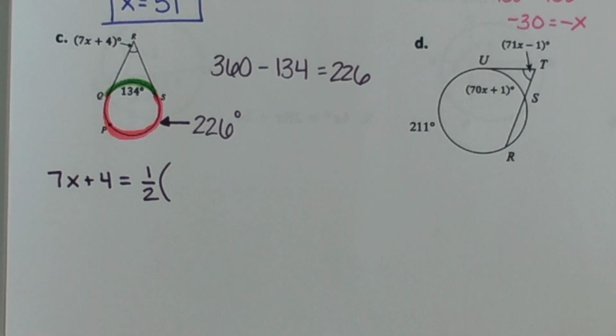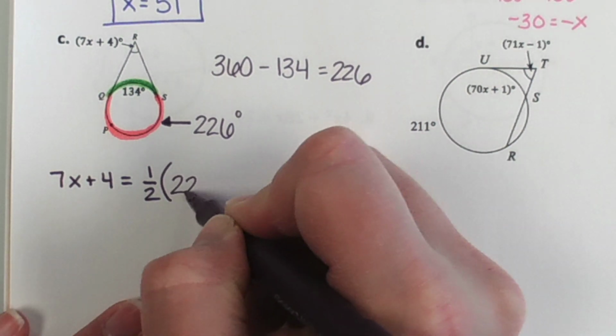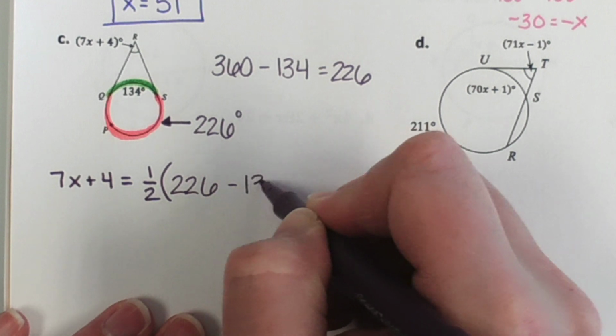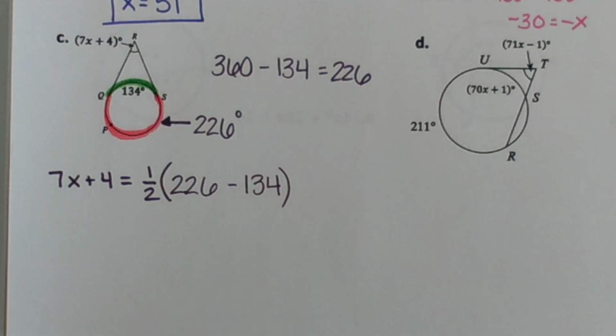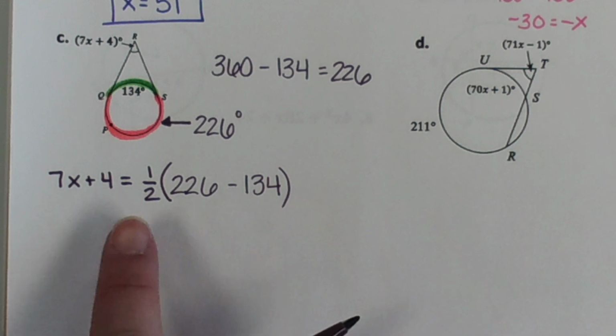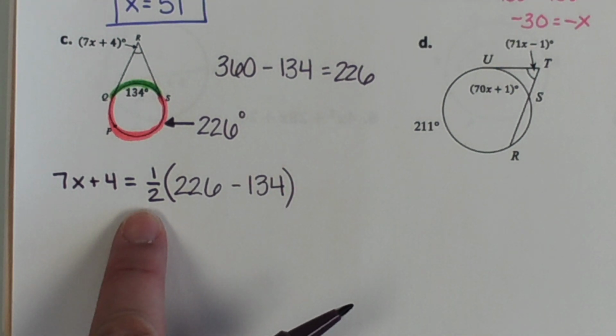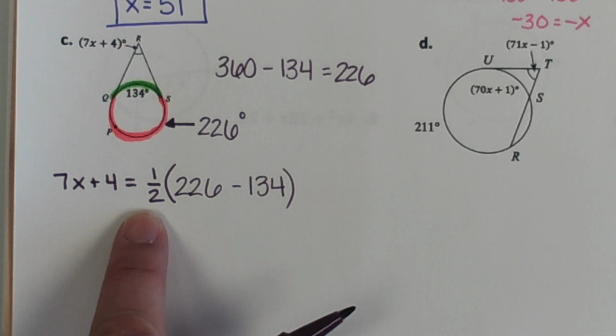Okay, I'm going to subtract the arcs. Do I do 134 or 226 first? 226, the bigger one, which is the one further away from the angle. If I want to get rid of that 1/2, yes, I can multiply both sides by 2.